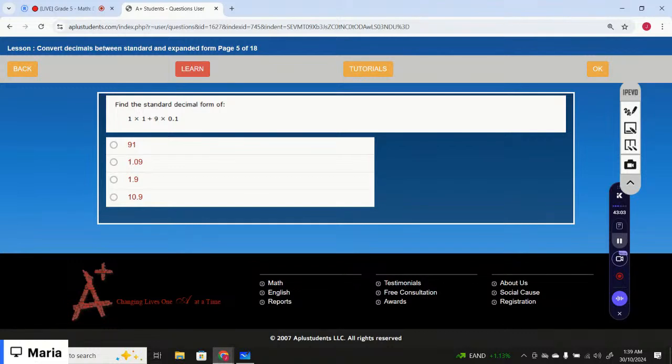The correct option is 1.9. Option number 3 is the correct option. Very good.